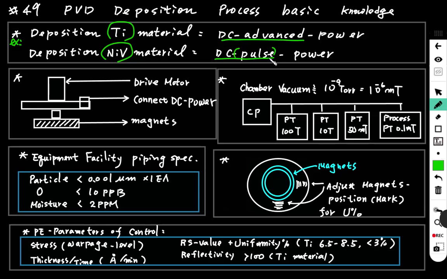We can use DC power in different waves to do the deposition process. And why we use DC power, not RF power, we talked about before. This is the PVD character.